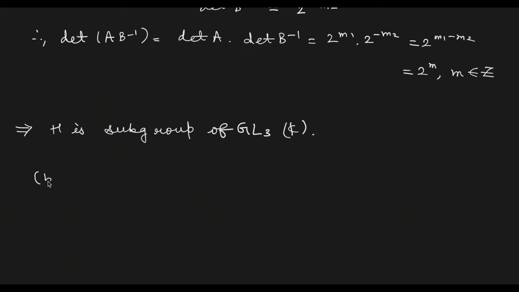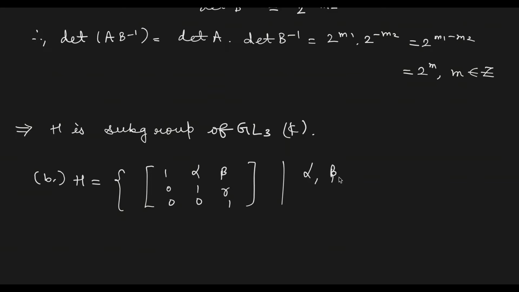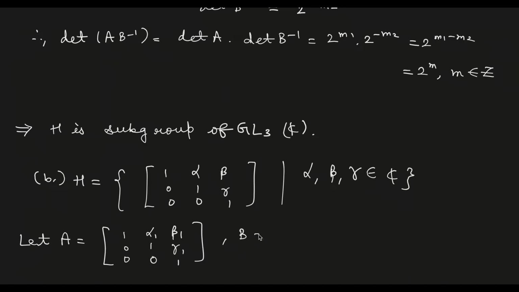Part B: H is equal to the matrices 1 0 0, alpha 1 0, beta gamma 1. Alpha, beta, gamma are complex numbers. Let A be 1 0 0, alpha 1 1 0, beta 1 gamma 1 1. Matrix B is 1 0 0, alpha 2 1 0, beta 2 gamma 2 1.